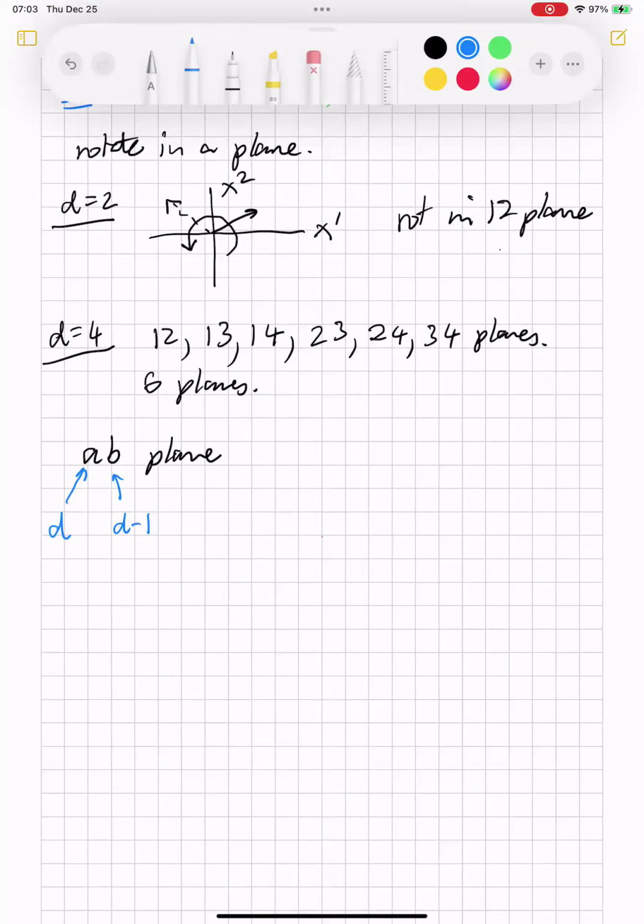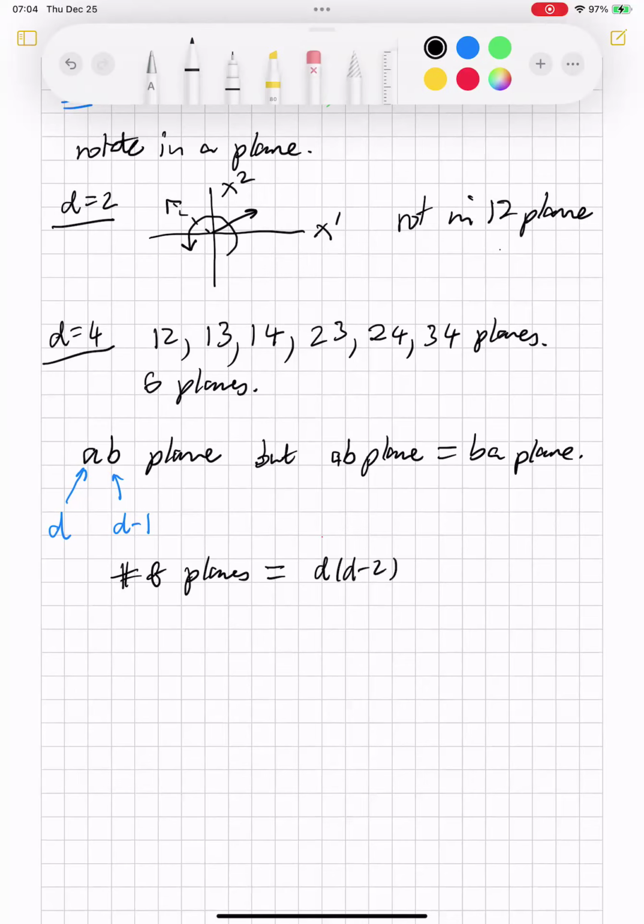So there's D times D minus 1 choices of A and B, but, and this is something to pay attention to, the AB plane is exactly the same thing as the BA plane. So we shouldn't count the AB plane and the BA plane independently. So the number of planes is D times D minus 1, and then we divide by 2 for this fact. That's why we are dividing by 2.